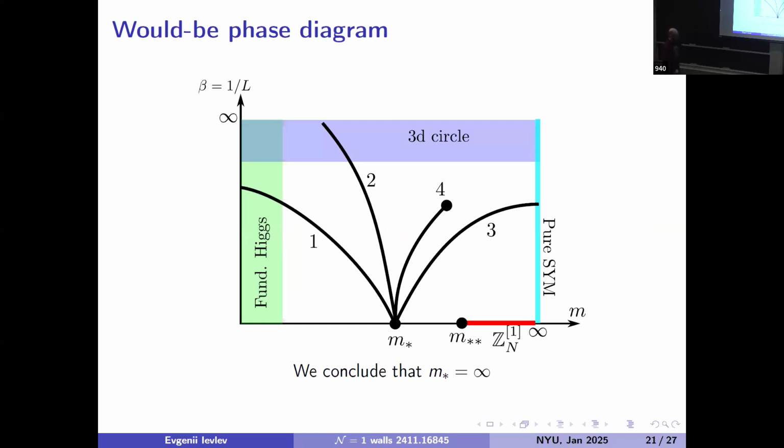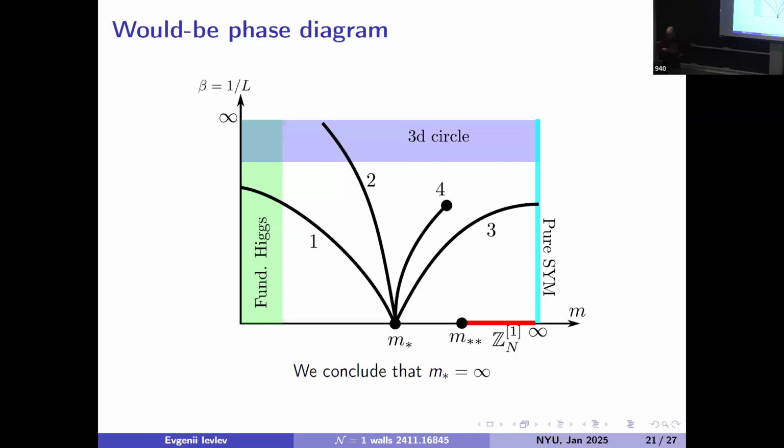Okay, so I come to the final point. As I mentioned previously, you see that there is a sort of phase transition on the domain wall, where this sigma model becomes a TQFT.